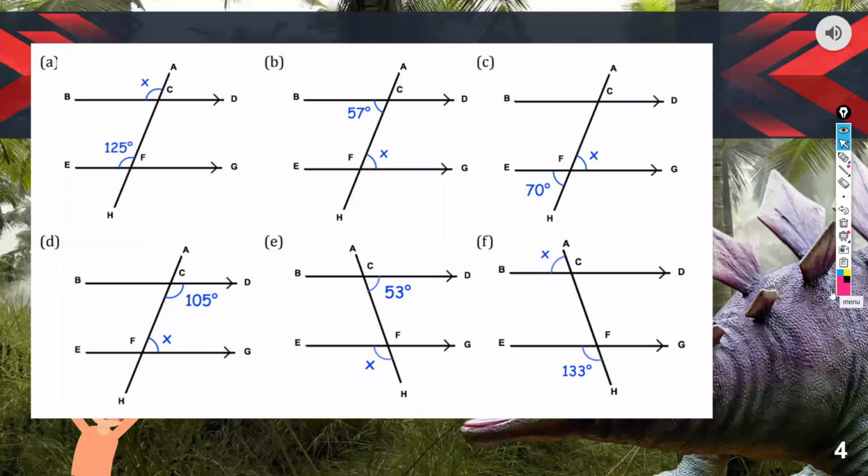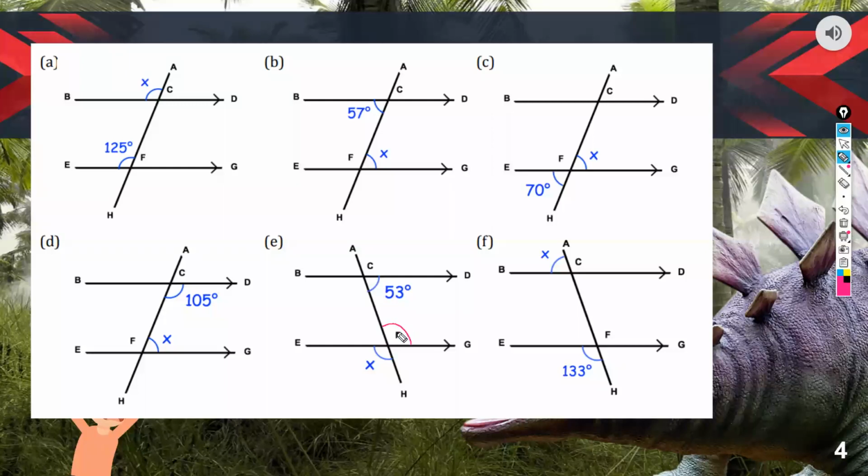I want you all to look at this pink angle here now, right? This 53 and this angle here, the new pink angle, what situation is that? Both eyes can see each other. What situation is that? Is it alternating, corresponding, or interior? That seems to be interior angles, right?